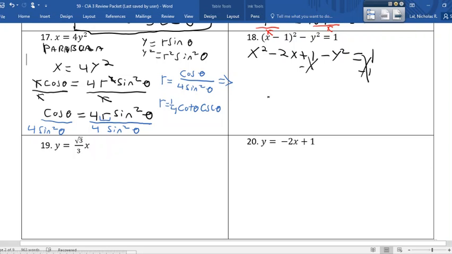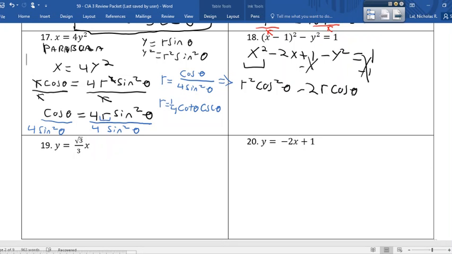So you have x squared can be r squared cosine squared of theta. Minus 2x can be minus 2 times r cosine of theta, since x is r cosine of theta. And then minus r squared sine squared of theta, because y squared can be looked at as r squared sine squared of theta.